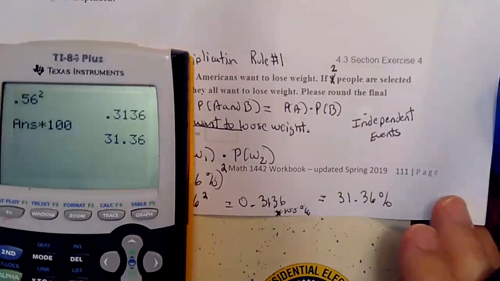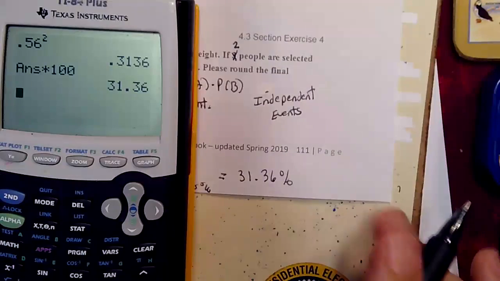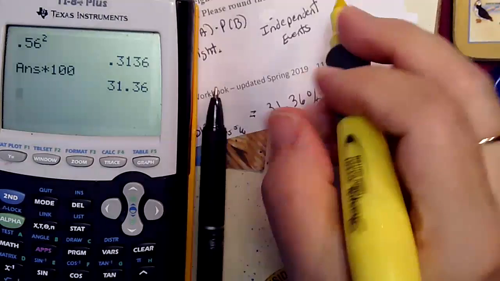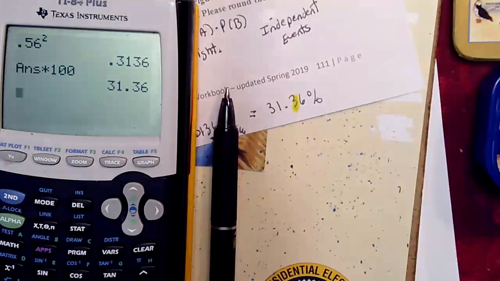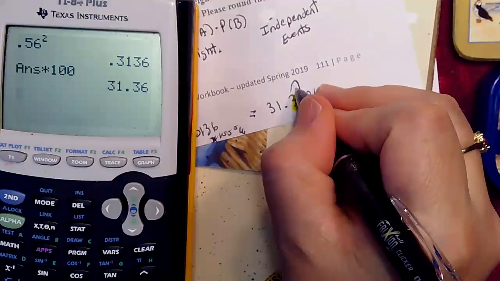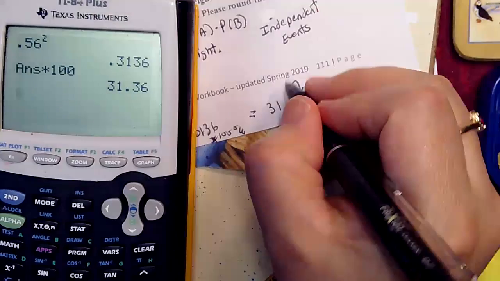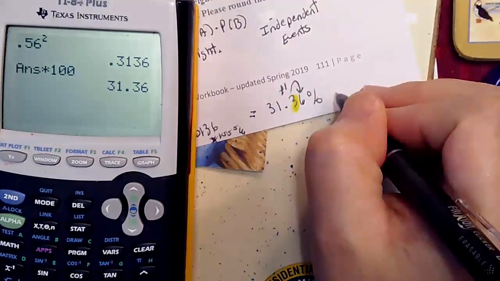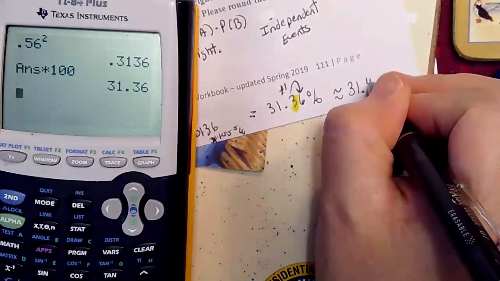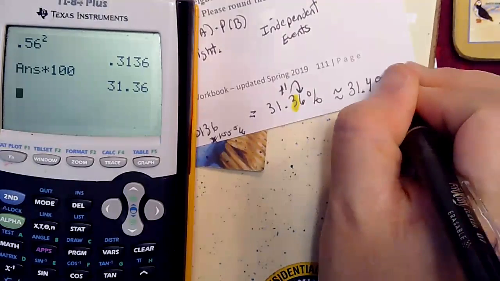And if they ask me to round to the nearest tenths of a percent, this is the tenths place. So they look at the number to the right. Is this 5 or more? Yes, it is. It's a 6, so add 1. So you have about 31.4%.